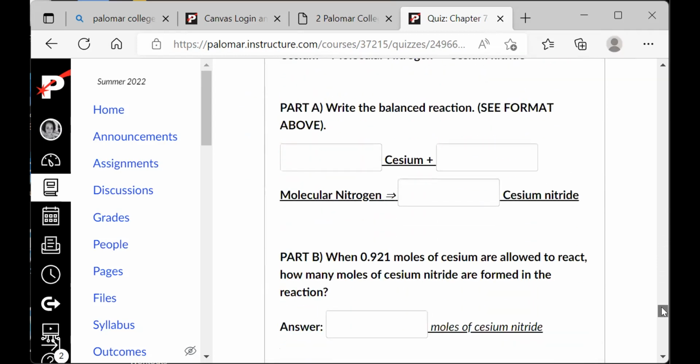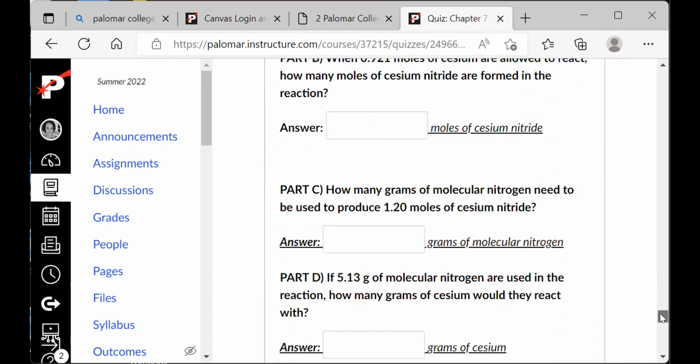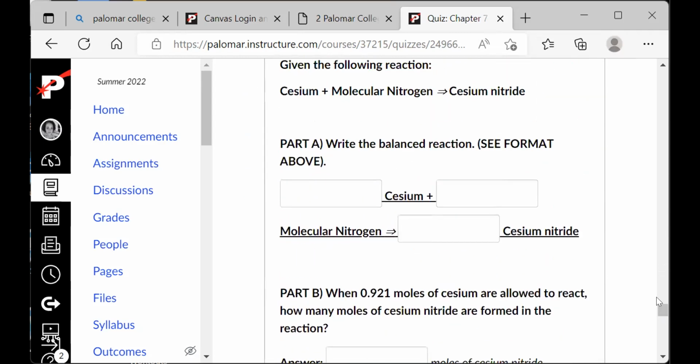You need to write the coefficients of the balanced chemical equations, and then you have to do math based on your balanced chemical equation. Because after we talked about conversions a few moments ago, students want to still use it. You could still use that flow chart if you know where you're going.